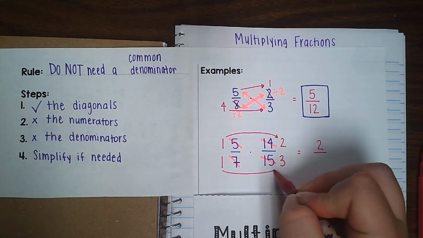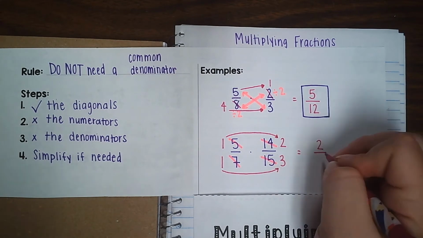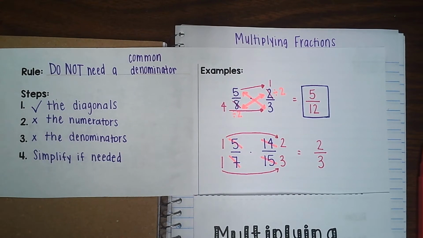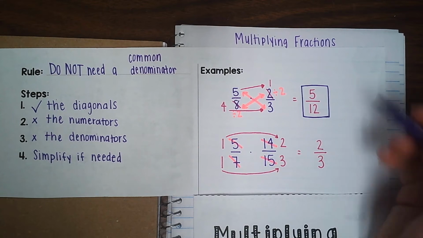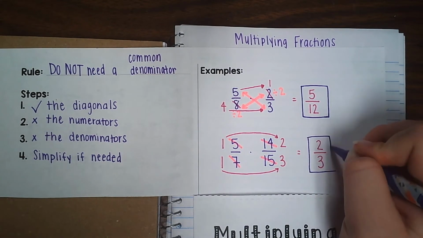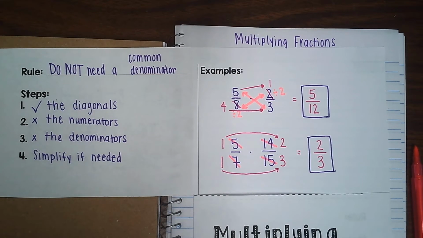And 1 times 3, and that gives us 3. 2 and 3 don't have anything in common, so our answer is 2/3.